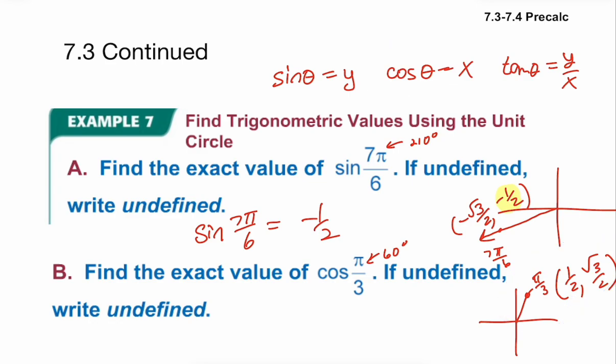So our answer for the cosine of pi over 3 is the x value, 1/2. That's it. That's how you do these. So again, it's just, what is my location? What does the point at that location tell me? The x is the cosine, the y is the sine, the tangent is y over x.